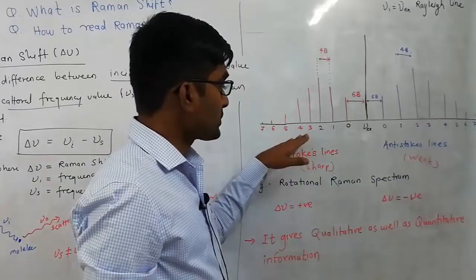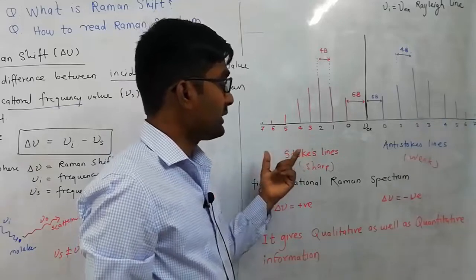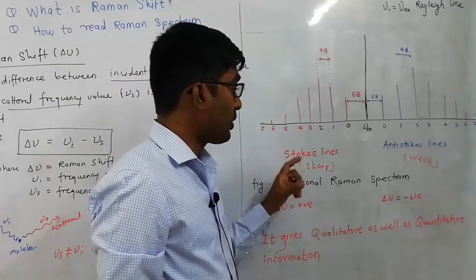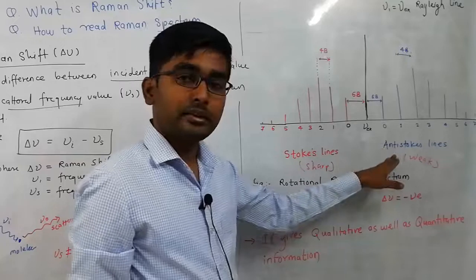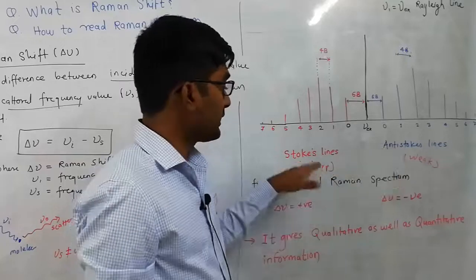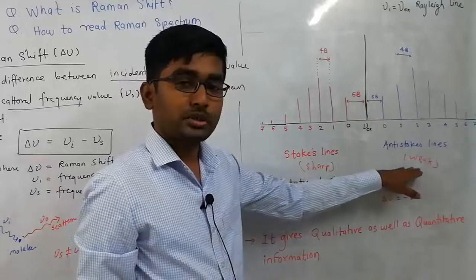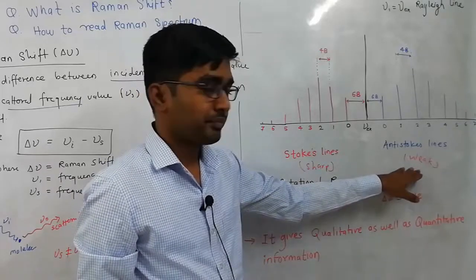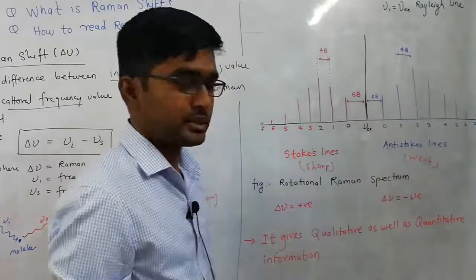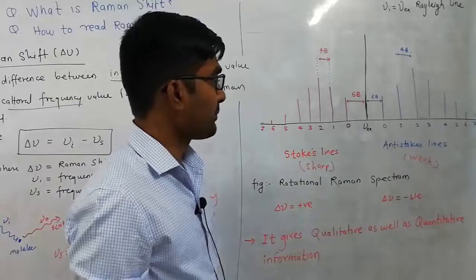Now the Stokes lines have higher intensity than the anti-Stokes lines. Therefore the lines observed are sharper in nature, and anti-Stokes lines are weaker in nature. Faint lines are observed in this rotational Raman spectrum.